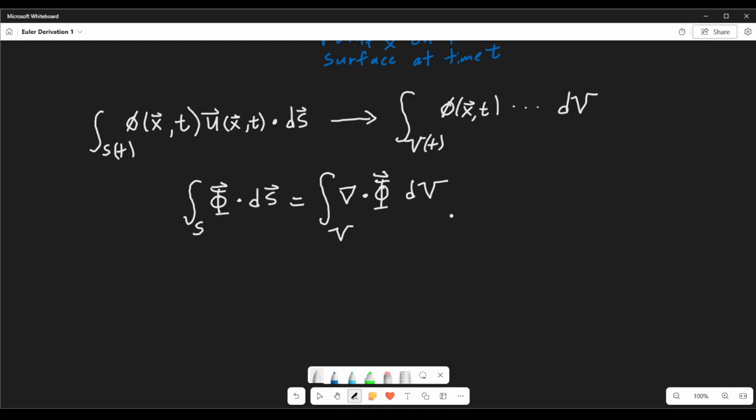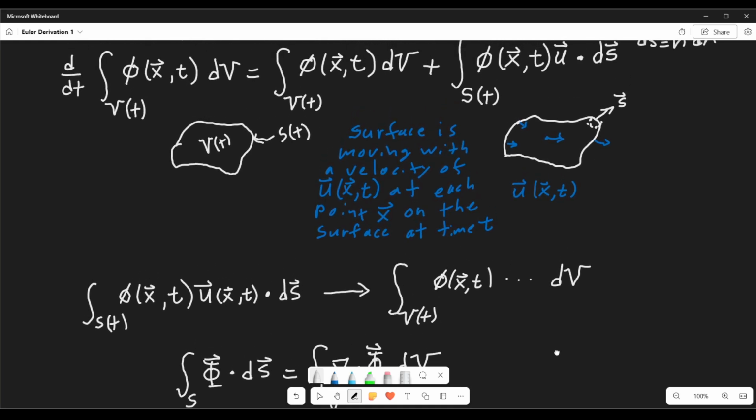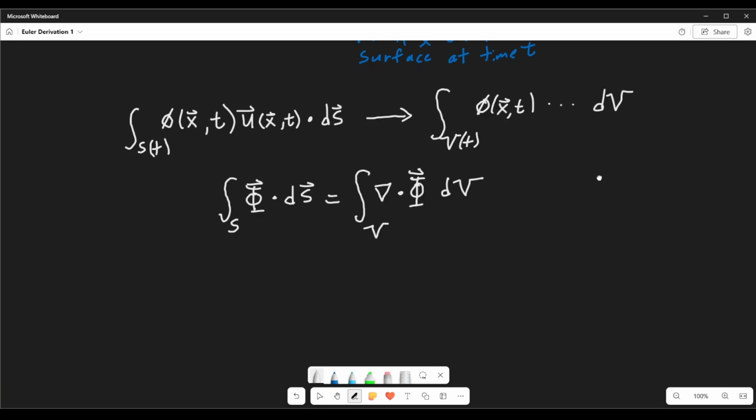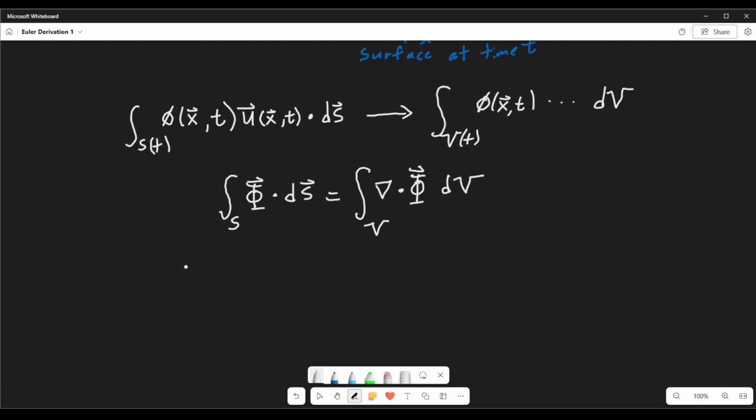The other thing to do is to transform this guy. So this is the gradient of S. I'm just going to write this out without all the T's, to save some time.